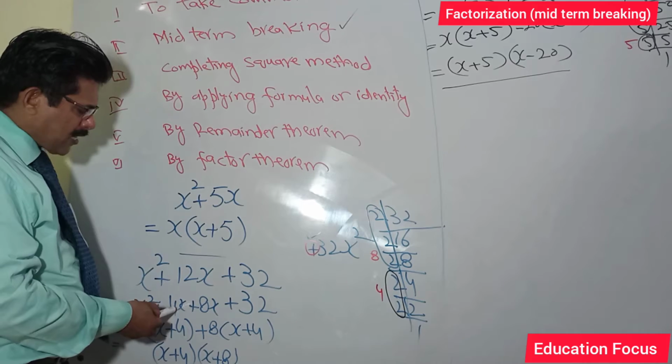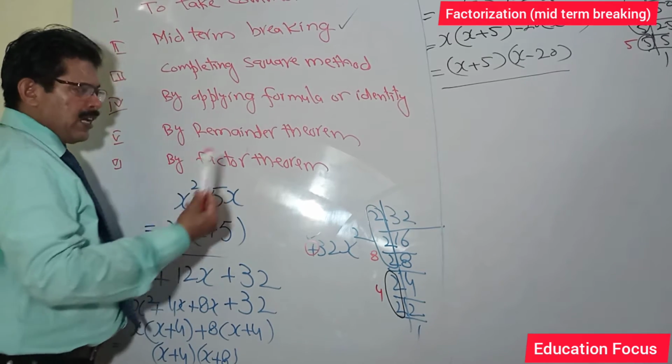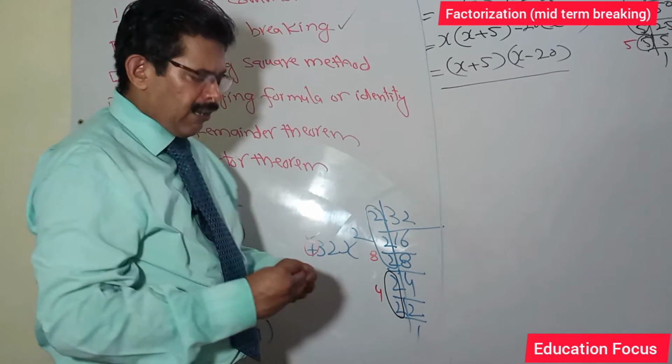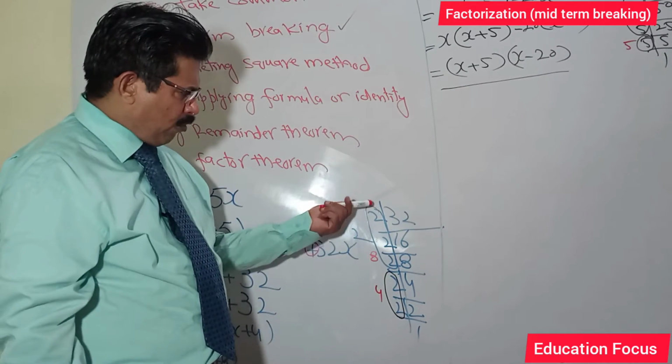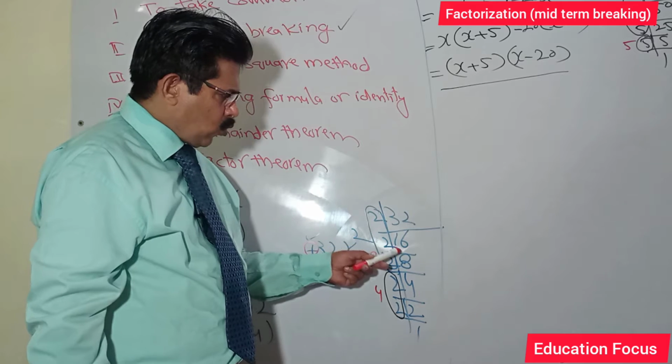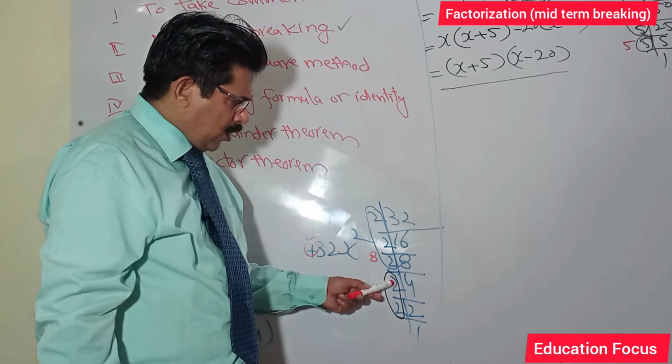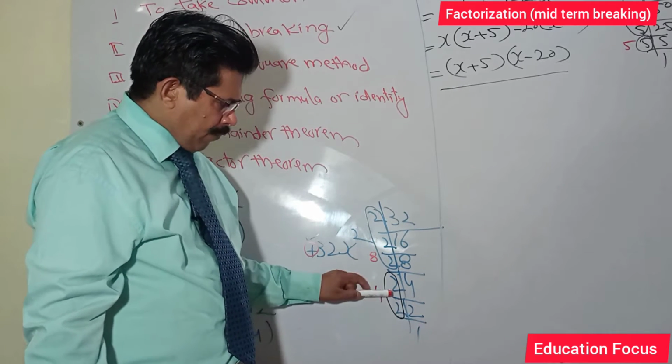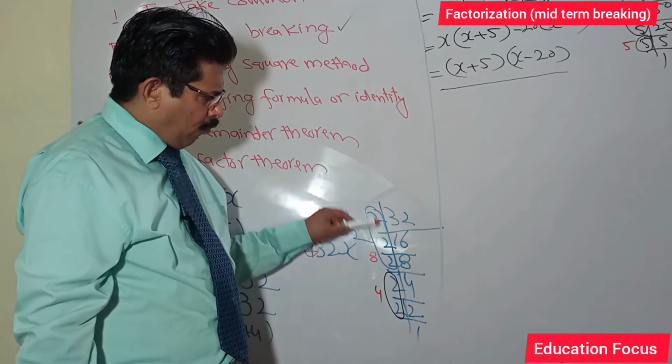How has this pair been formed? Like LCM, we make factors of 32. 2 16s are, 2 8s are, 2 4s are, 2 2s are, 2 1s are. 1, 2, 3, 4, 5.